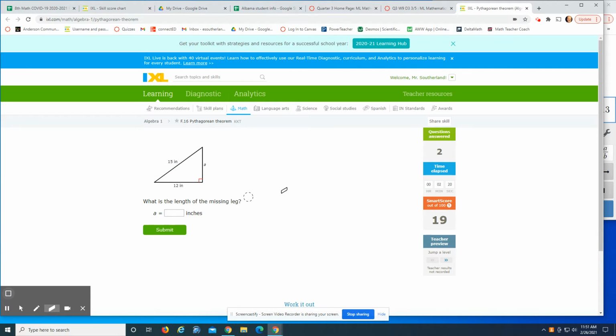This time I have a missing A. So I know that this one's C because it's the one across from the right angle. This one has to be B. A squared plus B squared equals C squared.